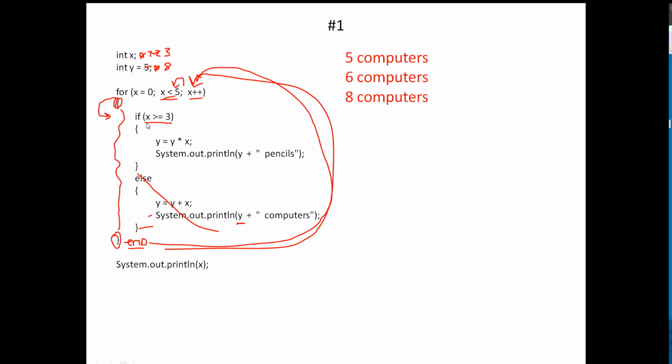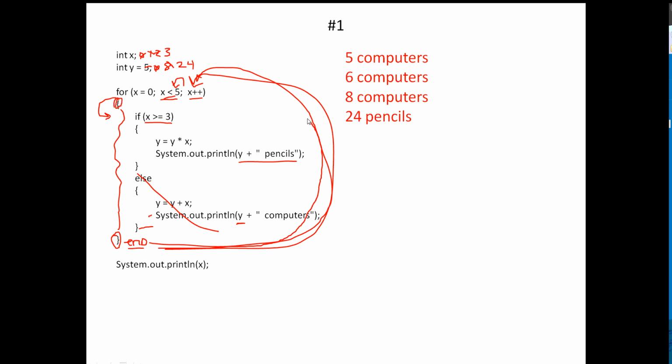Since this is true, we do it, and y is equal to y times x. So y times x is 24, which is assigned to y, so y is 24. Then it says to print out 24 pencils. We're done with the if, we skip the else, so we're at the end of the loop.